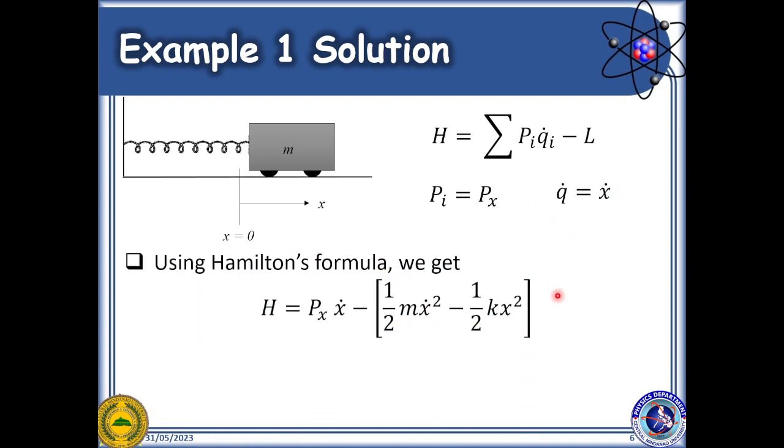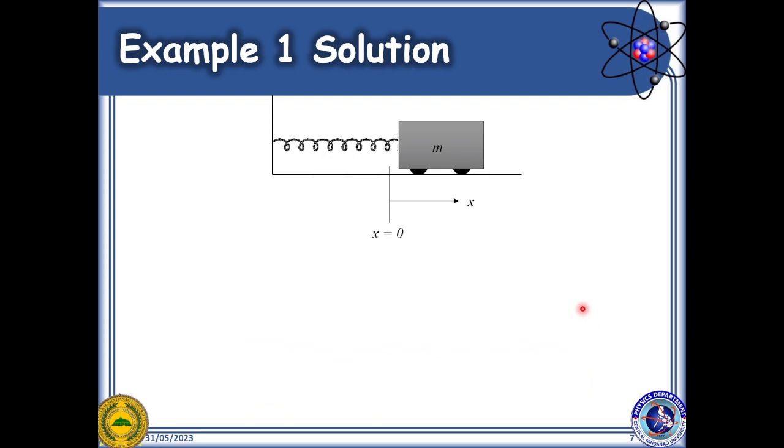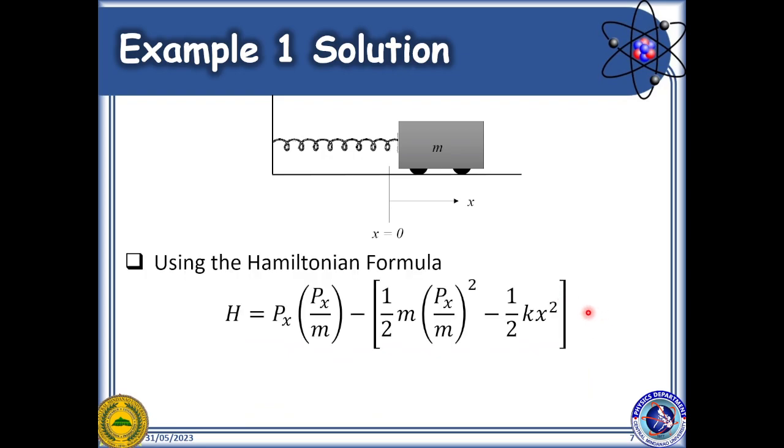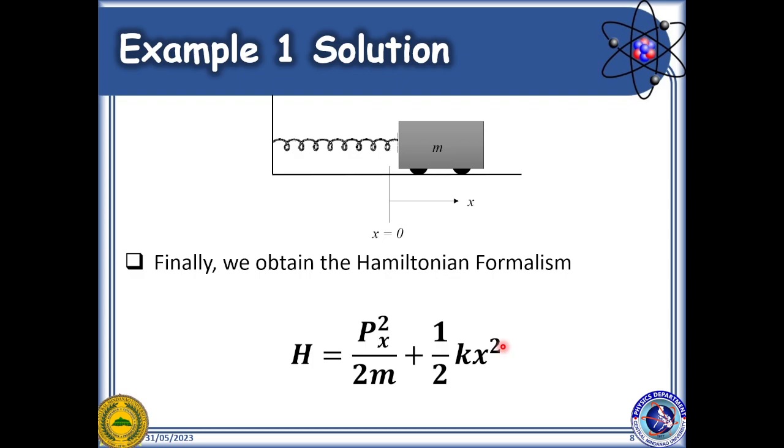The technique is to retain the generalized momentum px and just substitute the equation for x dot that we obtained earlier. Then we can obtain this equation. Simplifying the previous equation, we get this equation.